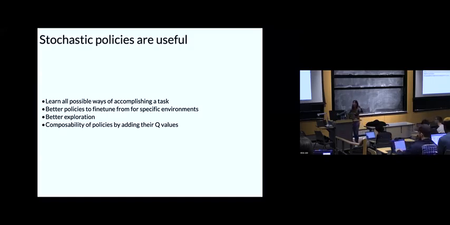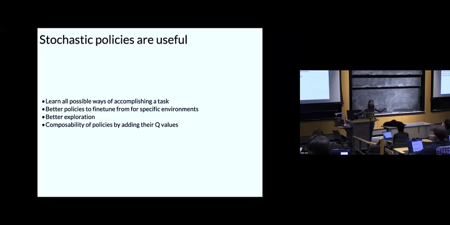Imagine I know all possible ways of satisfying constraint 1 and all possible ways of satisfying constraint 2. Now I can take the sum or the composition of them, and I know the subset of ways that hold for both constraint 1 and constraint 2. If I have learned only one way of achieving constraint 1 and constraint 2, this intersection would be 0, so there's no way I can compose things. And they are also more robust to hyperparameters. To do that, we need an objective that promotes stochasticity.